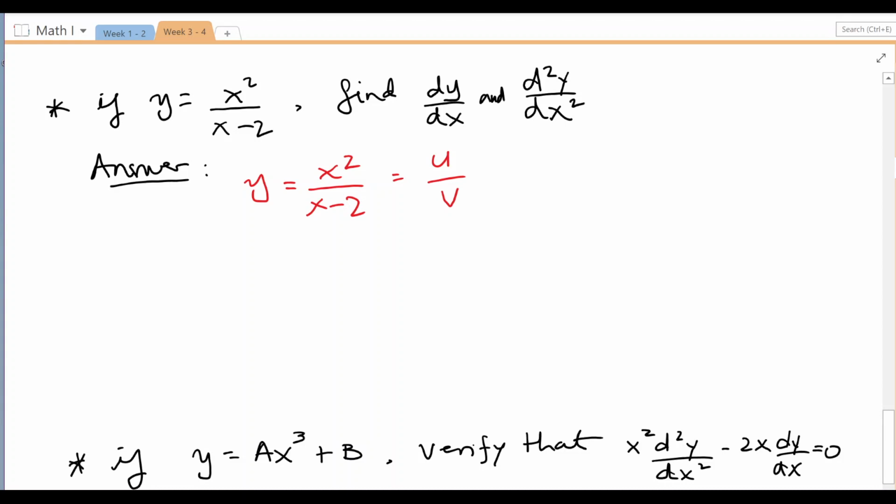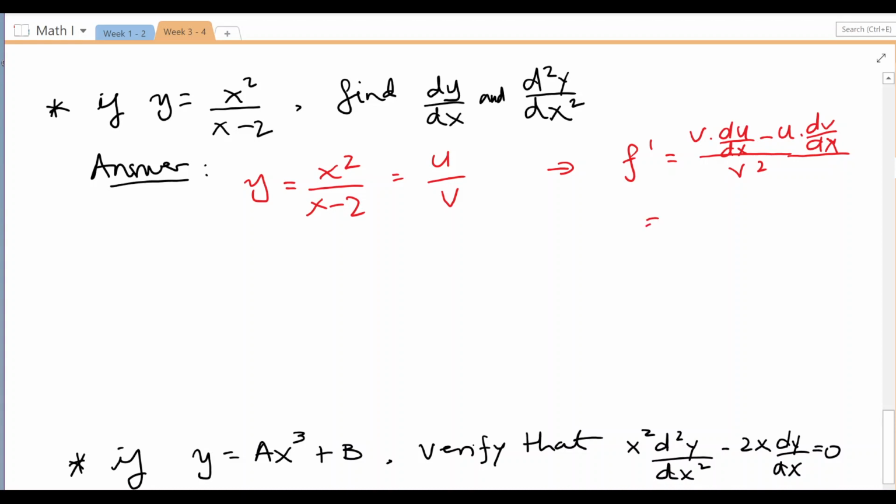So if you remember, the first derivative equals v times du over dx minus u times dv over dx, divided by v squared.